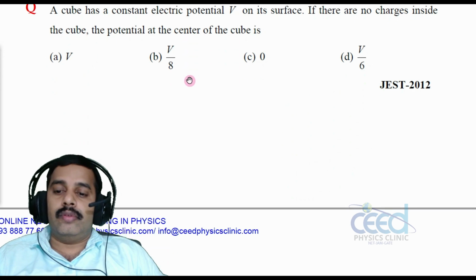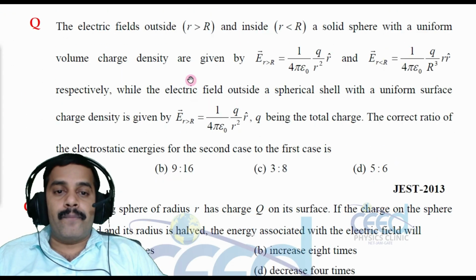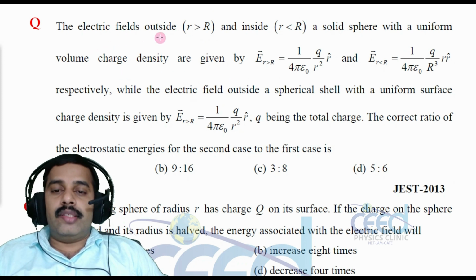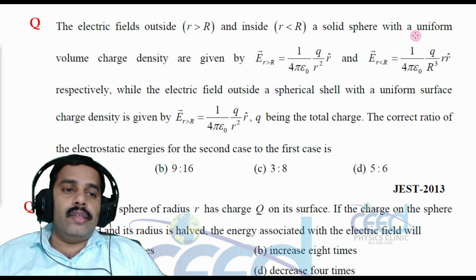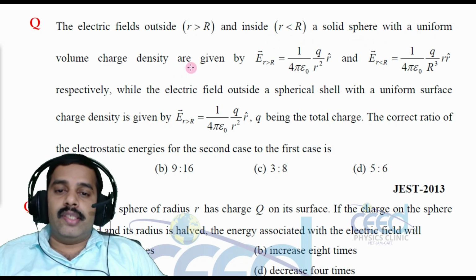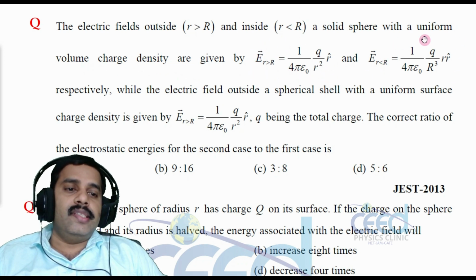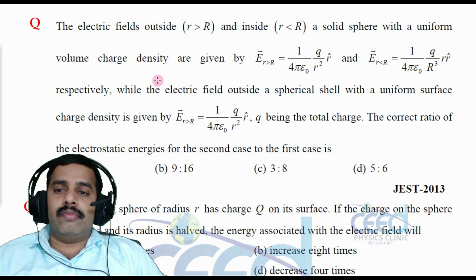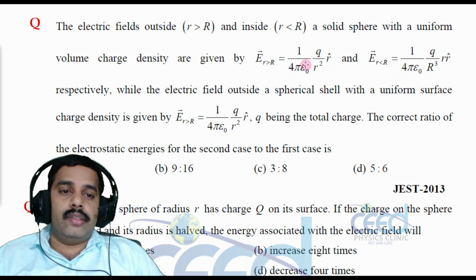All right. Now we have another question here. The electric fields outside, for r greater than R, and inside, for r less than R, for a solid sphere with a uniform volume charge density are given by. So the electric field outside and inside for a volume charge distribution of a solid sphere. This equation we have already derived in the case of a solid sphere, right?